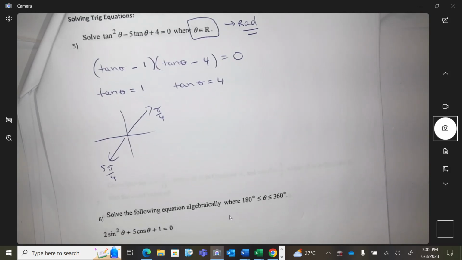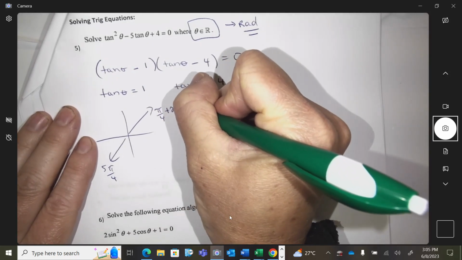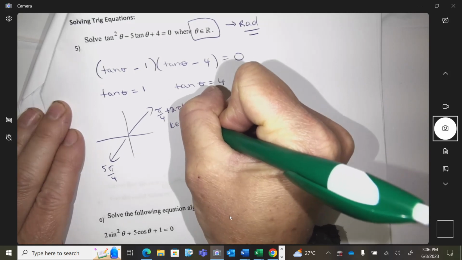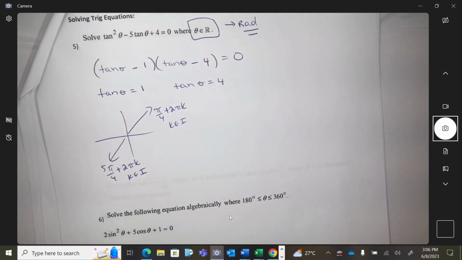So some of you might have just answered me a decimal. I would mark it right, but this is impressive when you can remember these things. Okay, I'm not done because it says all real. So you can do this plus 2 pi k on both of these. That's acceptable, that's good. I will tell you one other option.